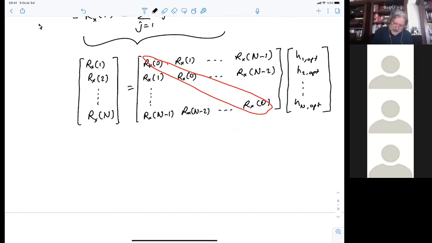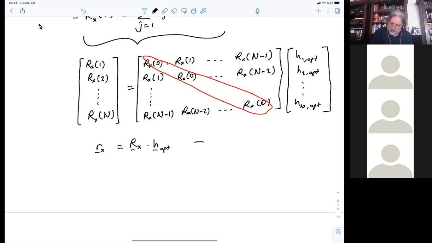The left-hand side is a vector, let's call it an Rx vector, equal to a matrix, let's call it a capital Rx matrix, times another vector, which is the optimum h vector.